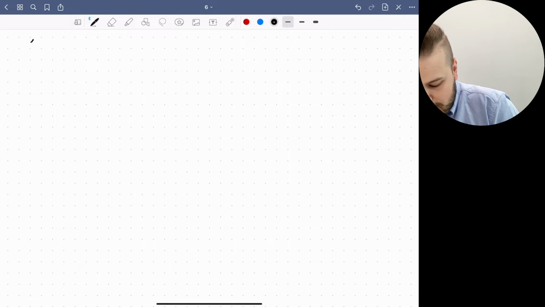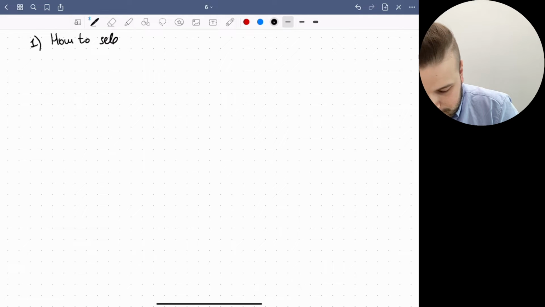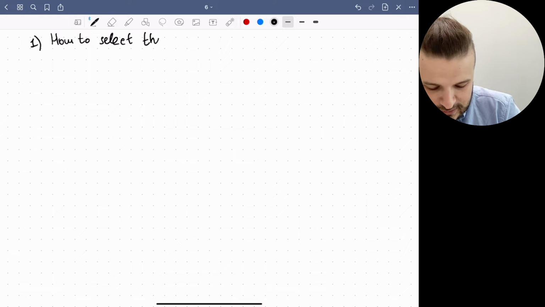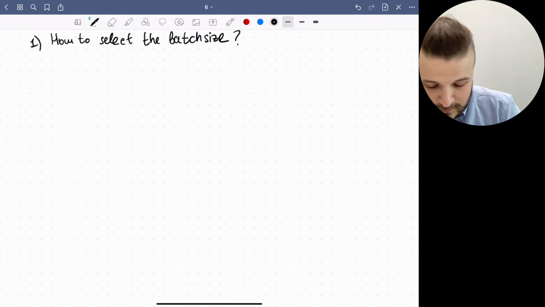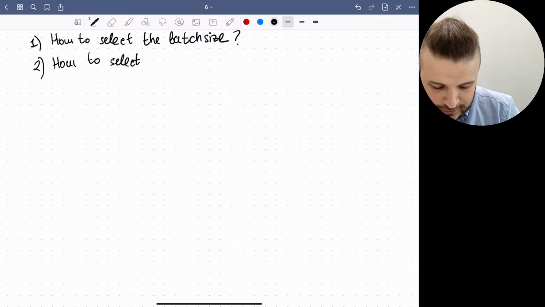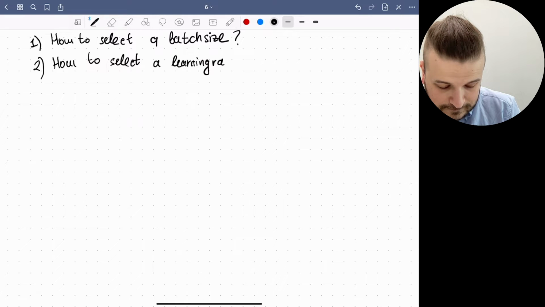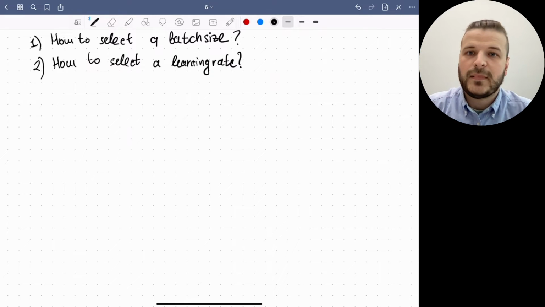The first one is how to select the batch size. And how to select the learning rate, or it would be correct to write the batch size, right? Because it's not specific.